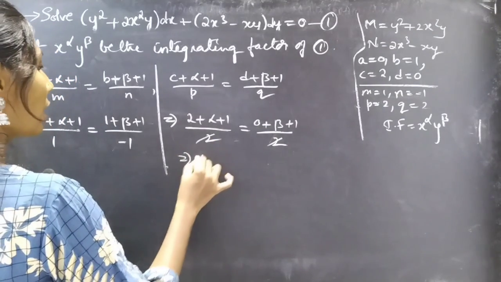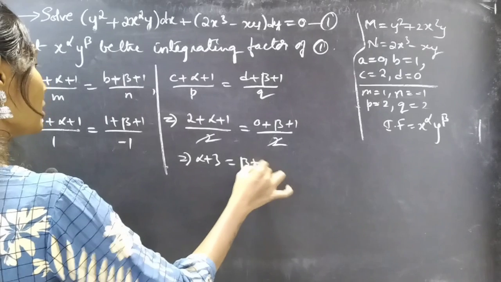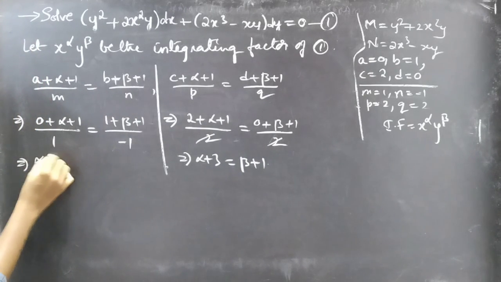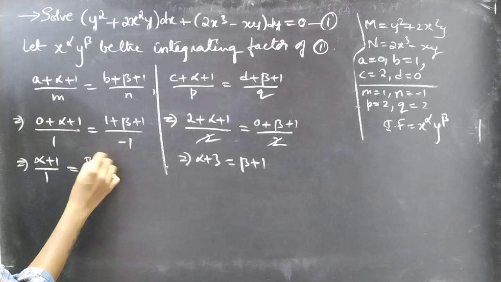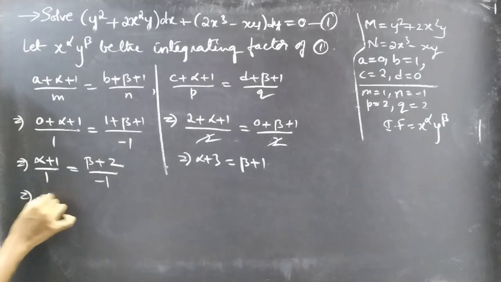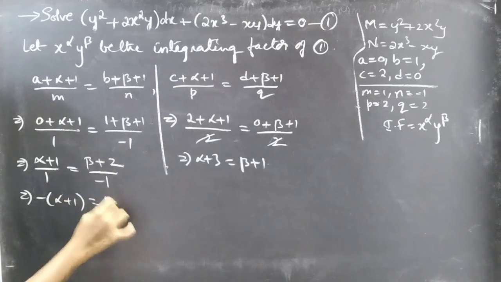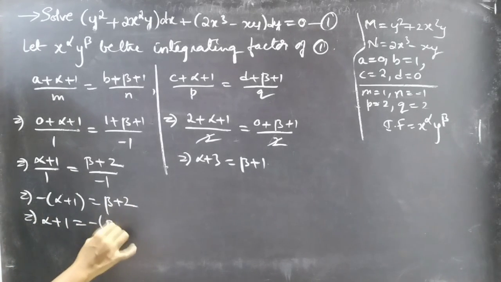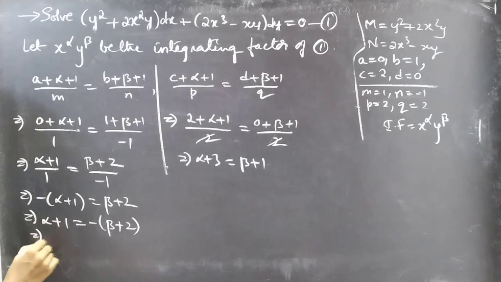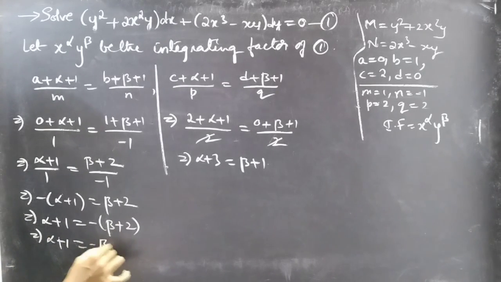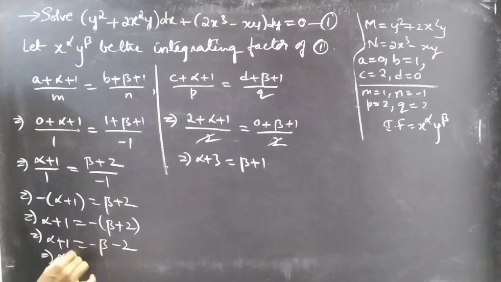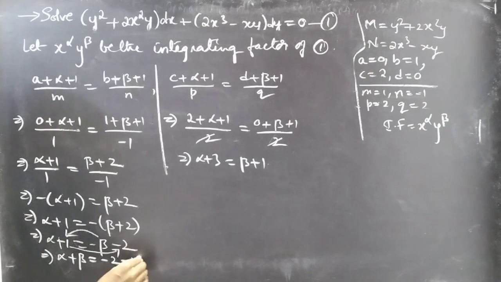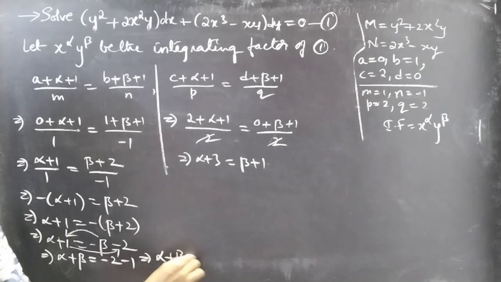The 2 gets cancelled and you'll get alpha plus 3 equal to beta plus 1 here, and here you'll get alpha plus 1 equal to minus of (beta plus 2), or alpha plus 1 equals minus beta minus 2, which gives us alpha plus beta equal to minus 2 minus 1. Just take this minus beta to LHS and this 1 to RHS. From this we'll get alpha plus beta equal to minus 3.